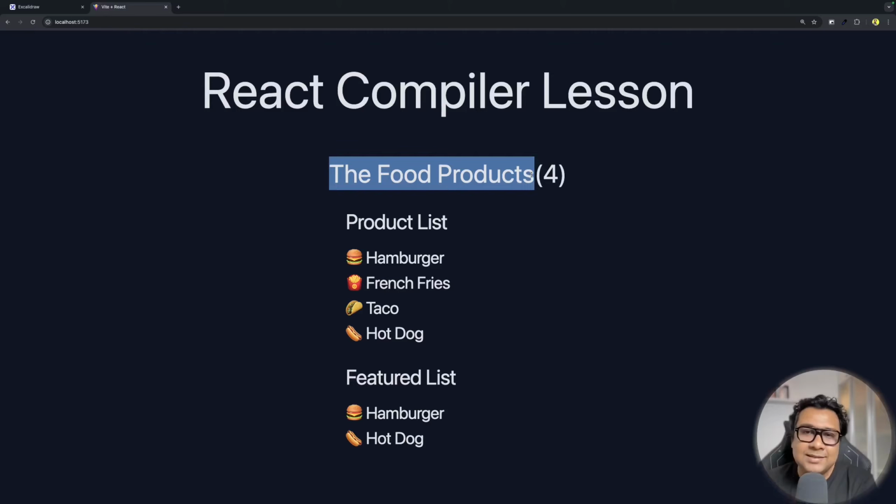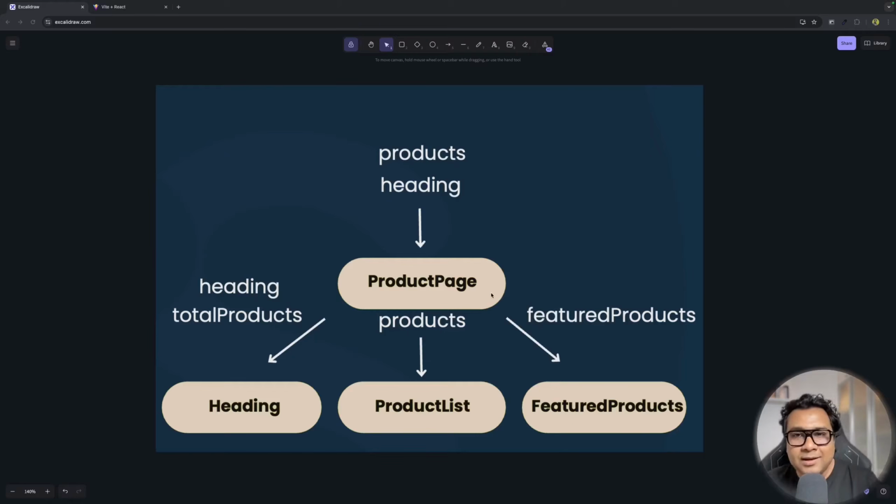But before that, there is an explanation that I want to give. In React, generally, when you have a component hierarchy, meaning a parent component and inside that a child component, if the parent component re-renders, the child component also gets re-rendered. In our case, the component architecture is like this. There is a product page which gets products and heading as props, and then it passes the heading to the heading component.